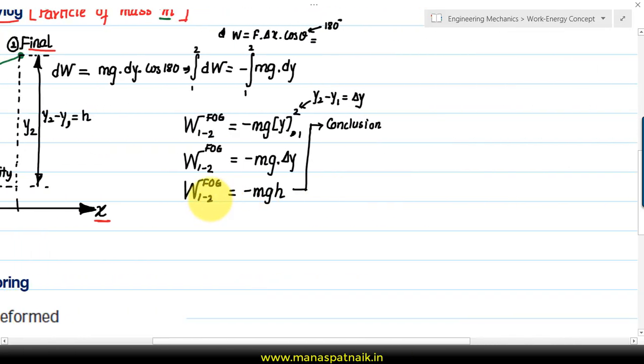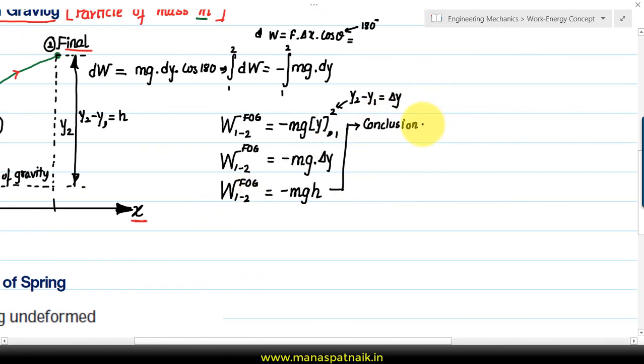So the conclusion says work done by the force of gravity in carrying the particle from bottom to top will work out always negatively. This is conclusion number 1. Let's work out the second conclusion.